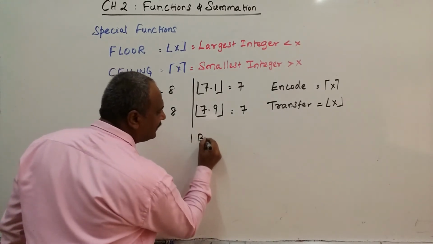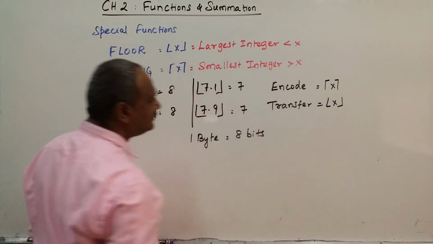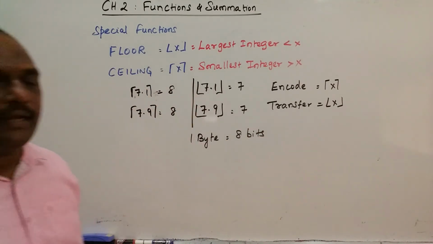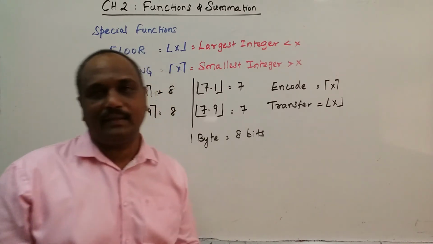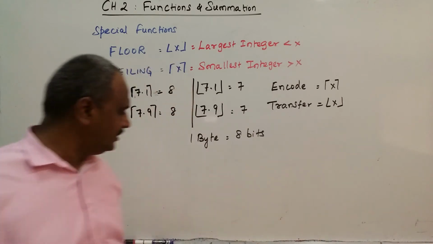You know that very well: 1 byte is equal to 8 bits. Using this idea, we are going to discuss some problems in this chapter.